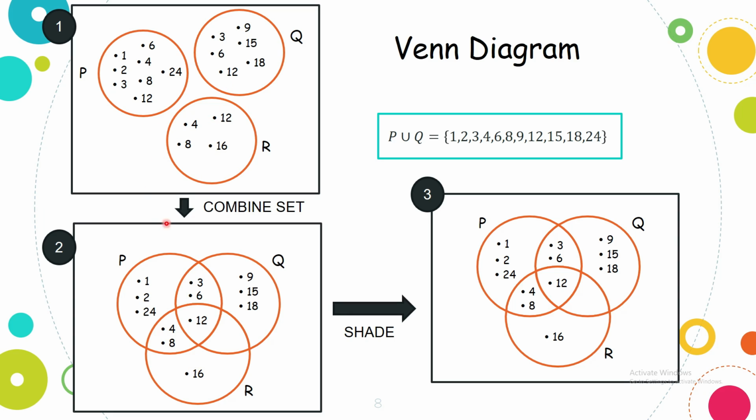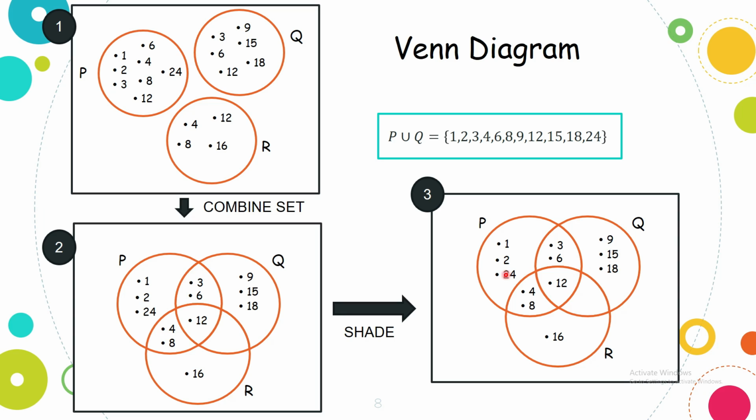And then the question asks to shade the region which represents P union Q. And then for step number 3, we shade the region. P union Q has the elements 1, 2, 3, 4, 6, 8, 12, 15, 18, 24.